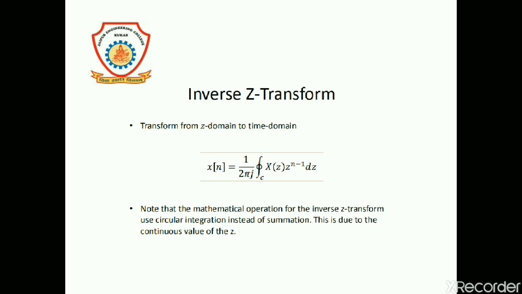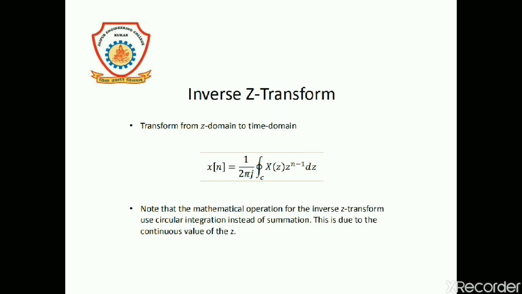Generally, Z transforms are used to convert any discrete time domain signal into a frequency domain signal. So we can use the given formula to find out the input signal, but the mathematical operations for the inverse Z transform use circular integration instead of summations.